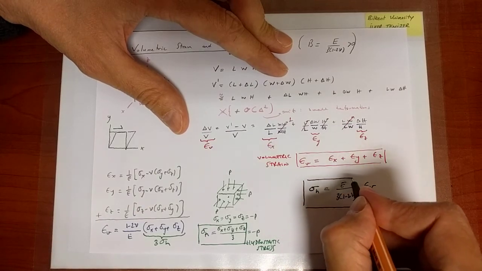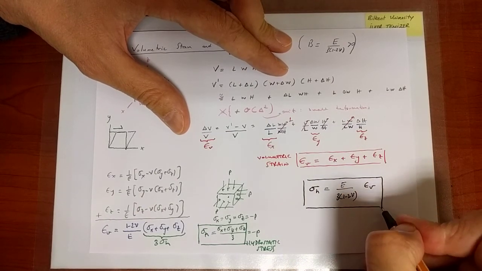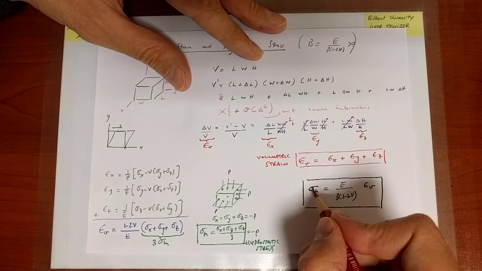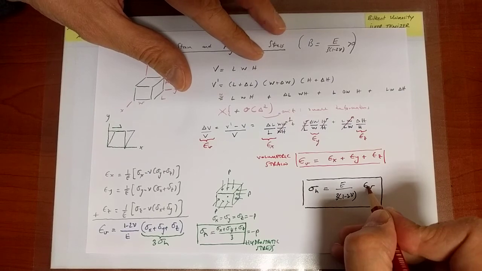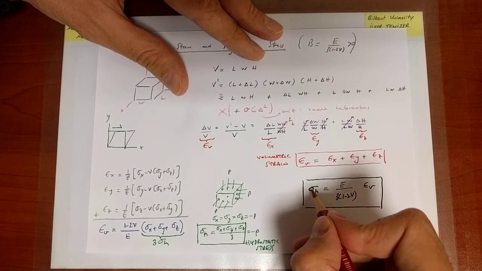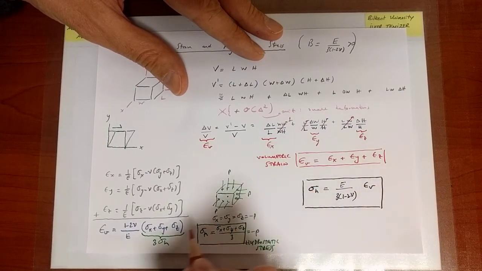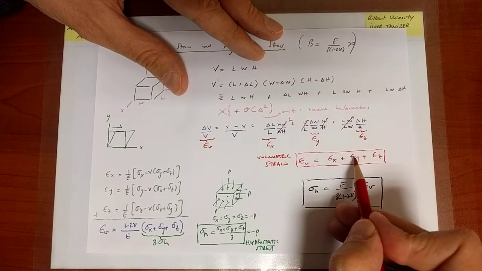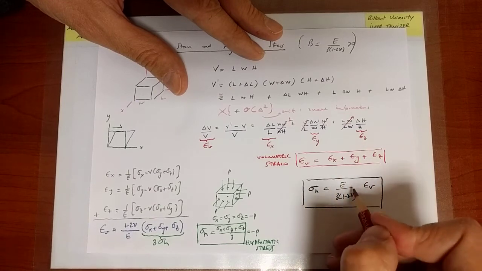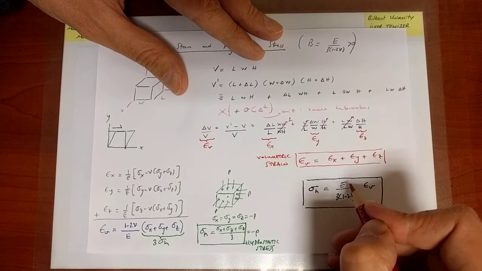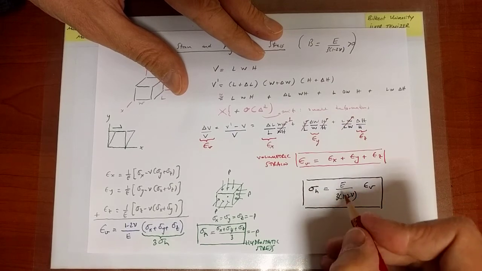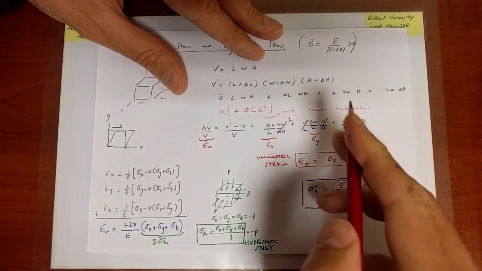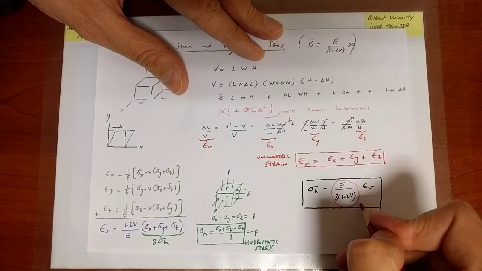Okay, so now we have almost a relation that looks like a relation between normal stress and normal strain, but really this is the hydrostatic stress that is defined in terms of normal stresses, and this is the volumetric strain that is defined in terms of normal strains, and the constant in between is an elastic constant. It is a material property which is indeed exactly equal to the bulk modulus.